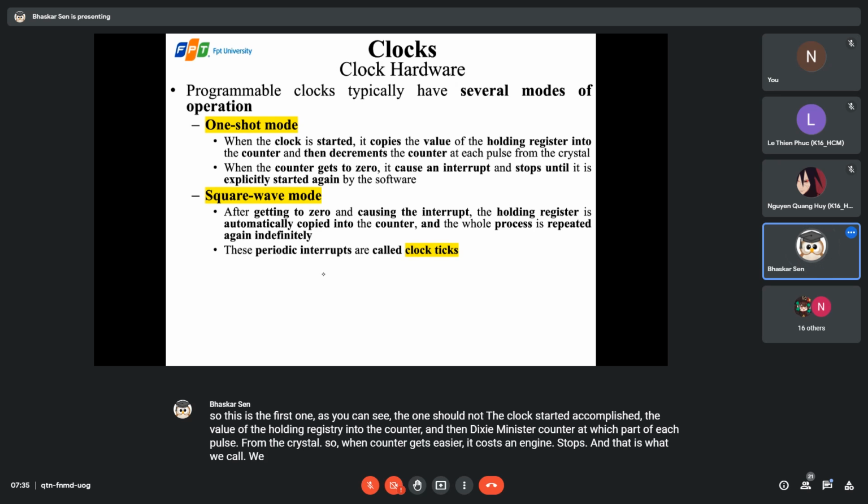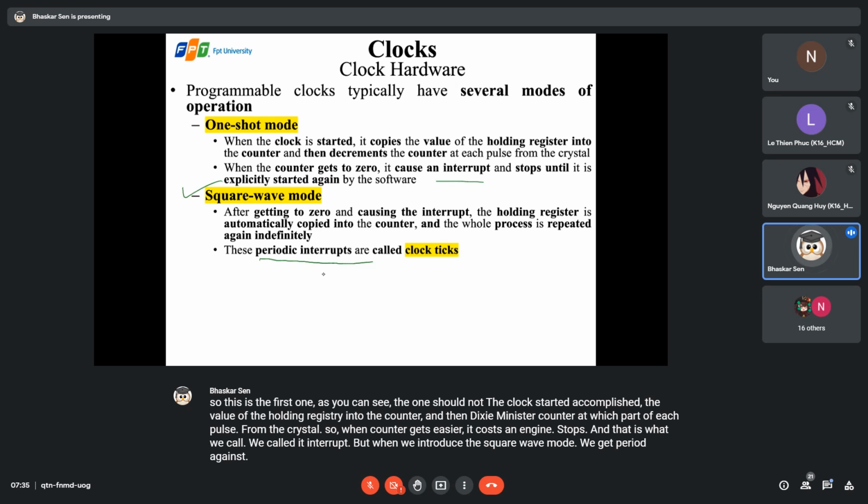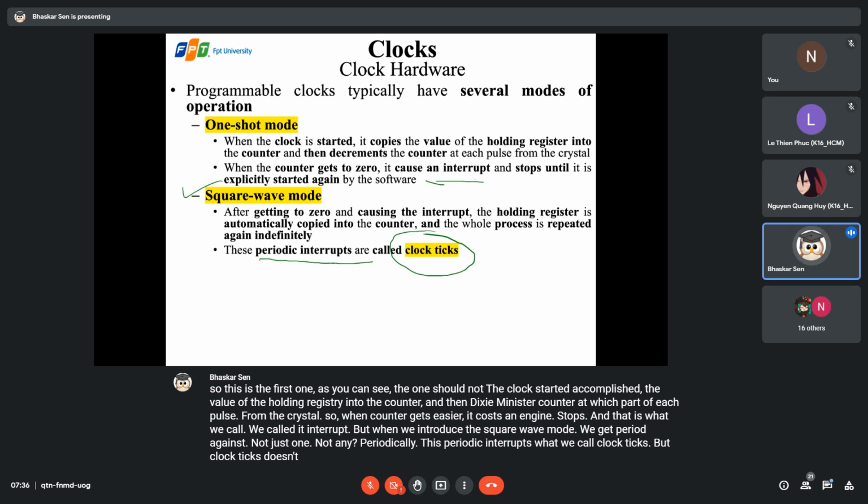But when we introduce the square wave mode, we get periodic interrupts, not just one interrupt. These periodic interrupts are what we call clock ticks. But clock ticks doesn't mean that it equals 1 second or 1 nanosecond or anything. It has nothing to do with the real time.